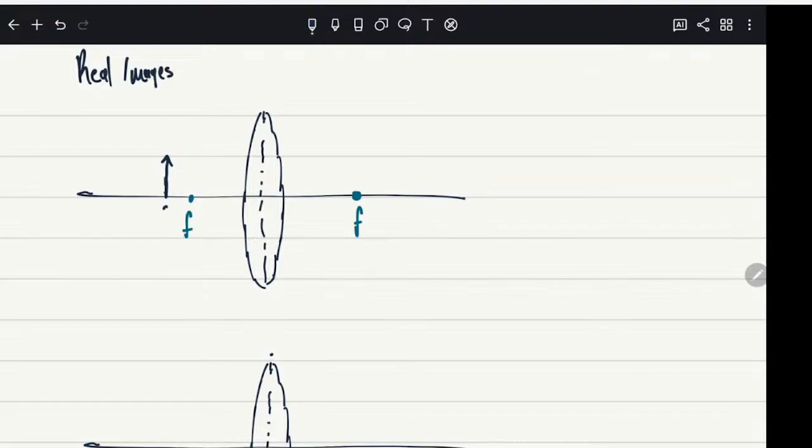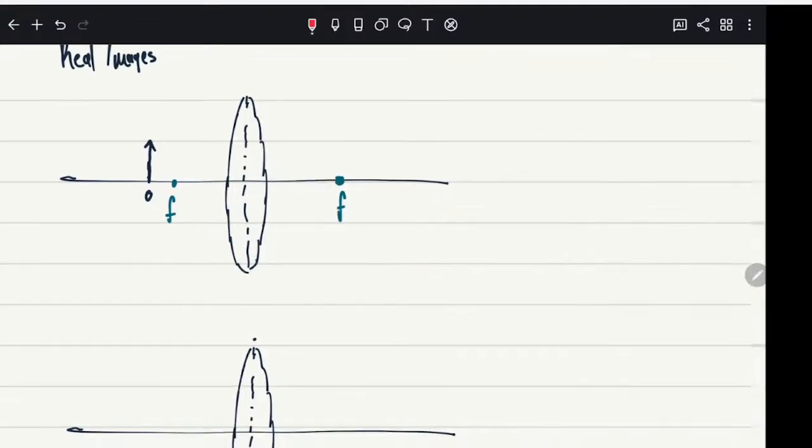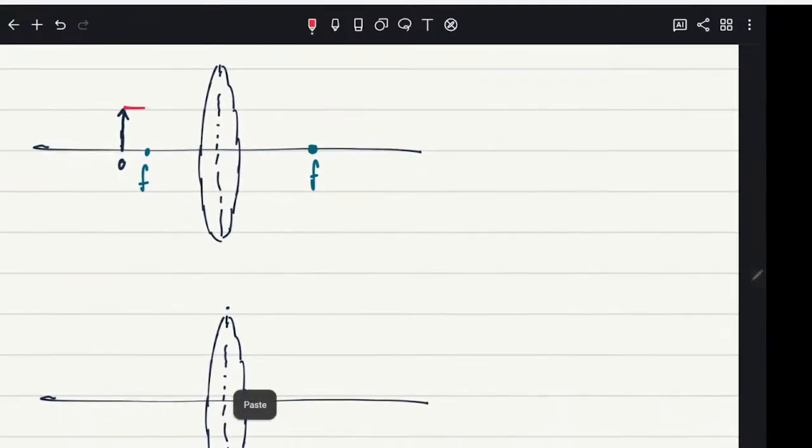This is the object, not the image. This is the original one. We go straight. This is how we move from an object, not from an image. We get to this, then we make it pass through here and continue straight.